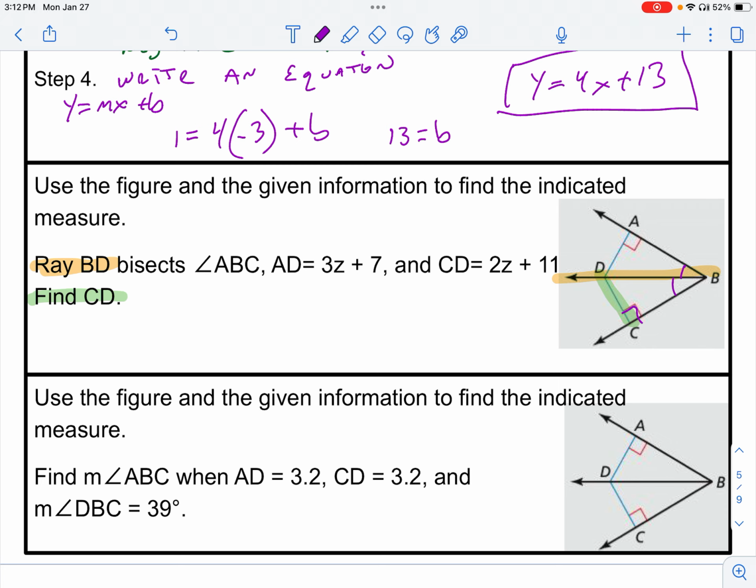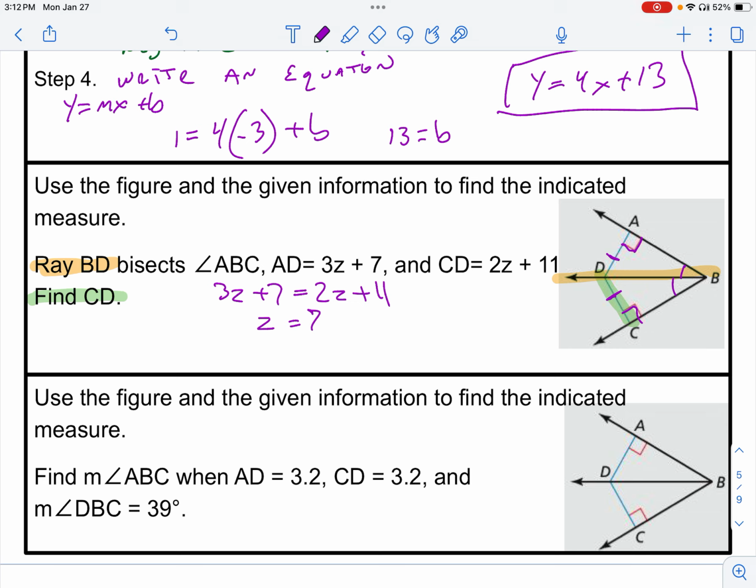And that here we have 90 degrees, so this has to be true. So we're going to go ahead and set them equal, solve. So we get 3z plus 7 equals 2z plus 11. Subtract 2z from both sides, subtract 7 from both sides, and z equals 7.